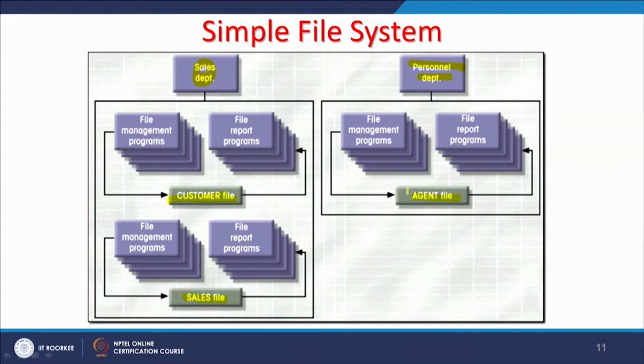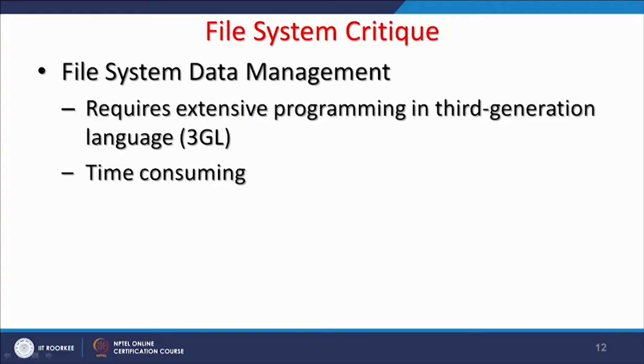Now, what are the bad points of a file system? As you must have realized, the file system requires extensive programming in a third generation language to access the data, and even to make a search or a query. Of course, it is time consuming and also makes ad hoc queries impossible.